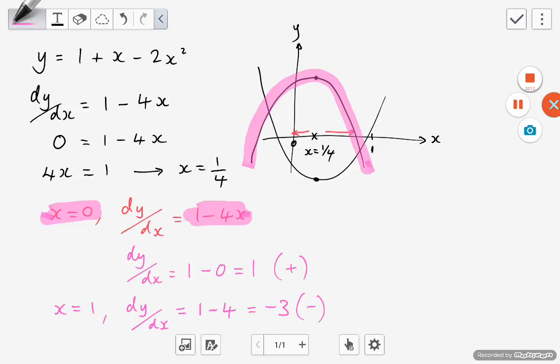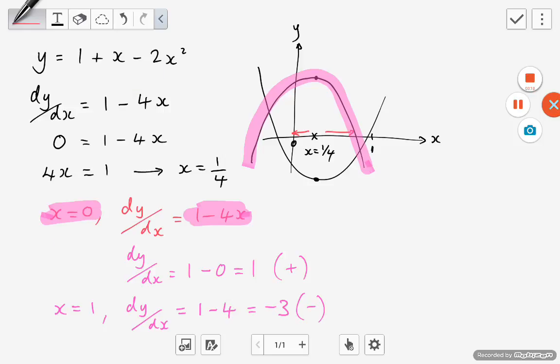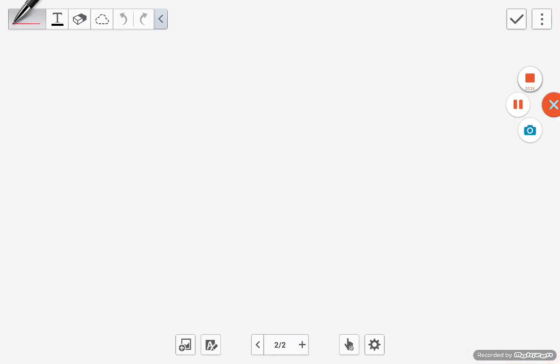So what we now need to find out is the exact turning point, the actual coordinate of that turning point there. So remember, the original equation was y equals 1 plus x minus 2x squared. And we know that at the top of this curve, x is equal to a quarter.